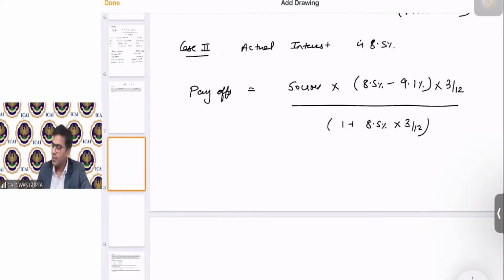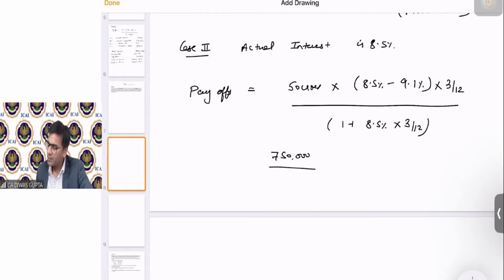So this is the calculation. 9.1 minus 8.5 into 50 crores into 3 divided by 12. 1 crore is actually 7,50,000 divided by 1 plus 8.5 into 3 divided by 12.